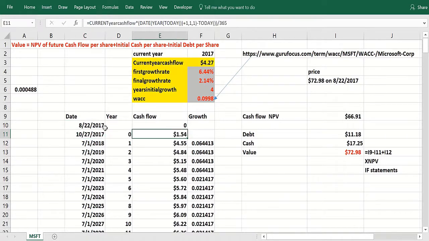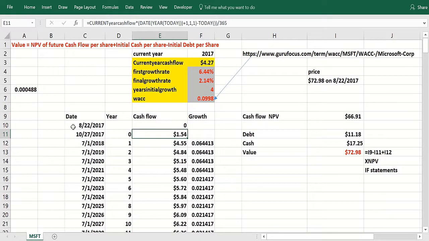What should it be? We should take the cash flow for 2017 times the fraction of the year that's left, ignoring seasonality, which would be hard to put in. So we take the current year cash flow, and then take New Year's Day of next year minus today's date, divided by 365 to see what fraction of the year that is. Here you can see we've got about 38% of the year left.